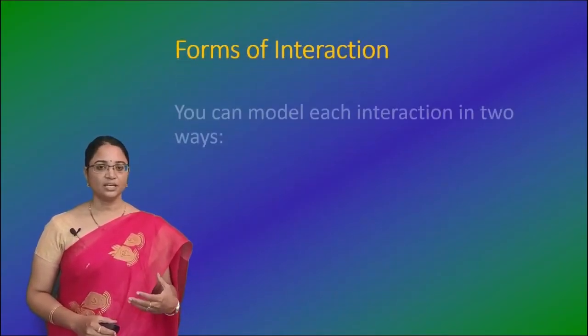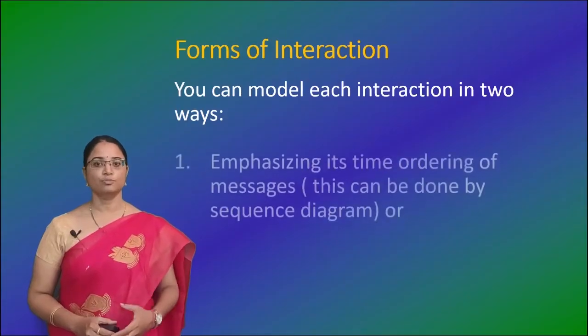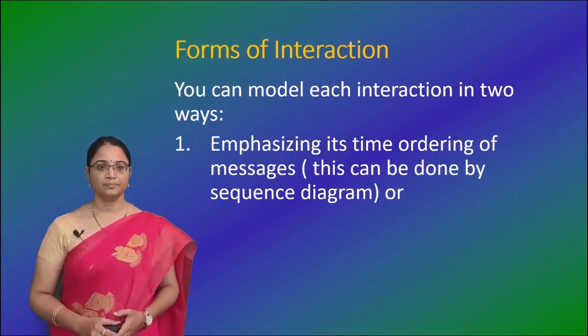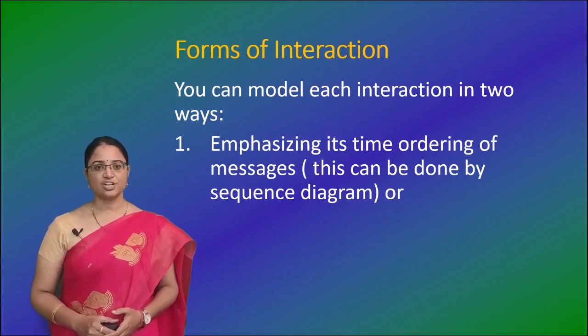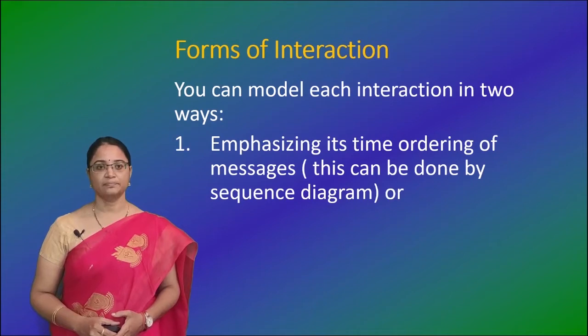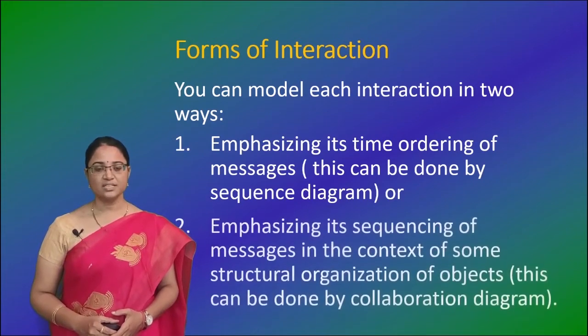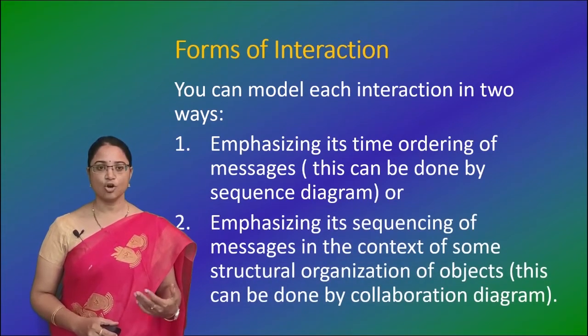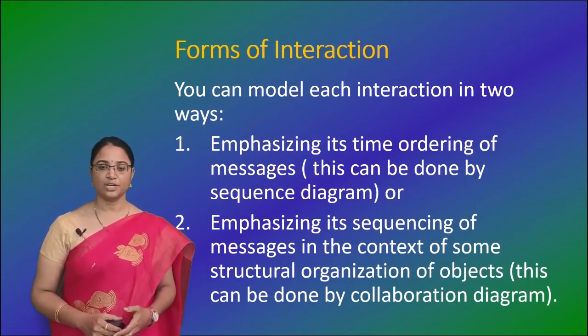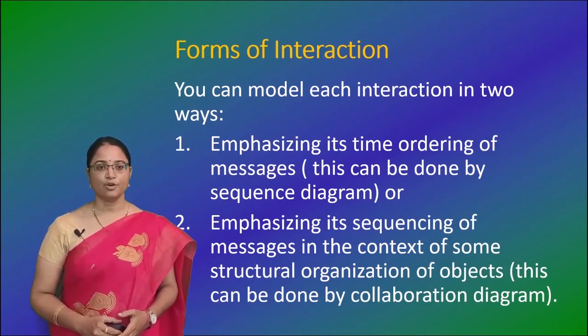So basically, interactions exist in 2 forms also. They are sequence diagram and collaboration diagram. By emphasizing the time ordering of messages, this can be done by sequence diagram. Or by emphasizing the sequencing of messages in the context of some structural organization of objects, this can be done by using collaboration diagram.